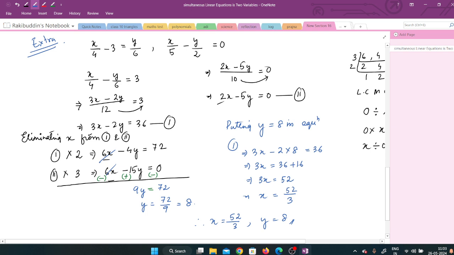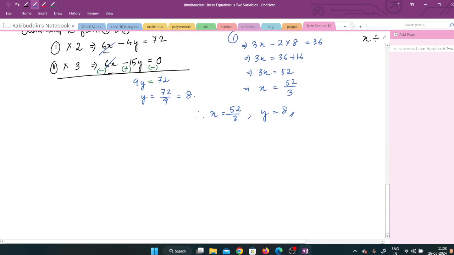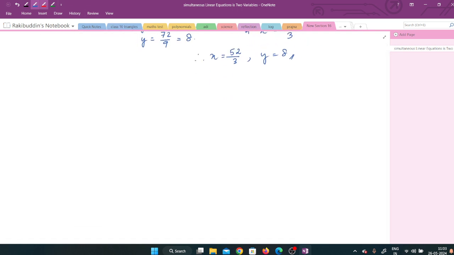So first simplify the equations in this form as I have done, and then choose the elimination method, because the variables have coefficients in both the equations. Using elimination I found the value of one variable, then put that value in any one of the equations, and I got the other. I hope this is clear.